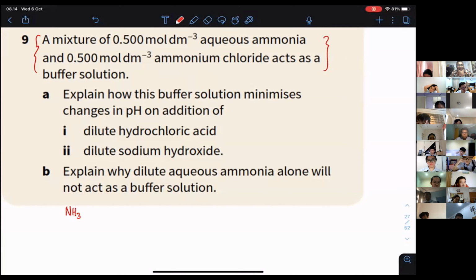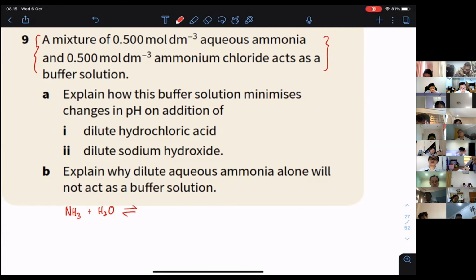How do I show ammonia is a weak base? This one you must know how to write the equation. In order to show ammonia as a weak base, you have to include water. No other way. This is how you show it. It's a weak base, so it's a reversible reaction.